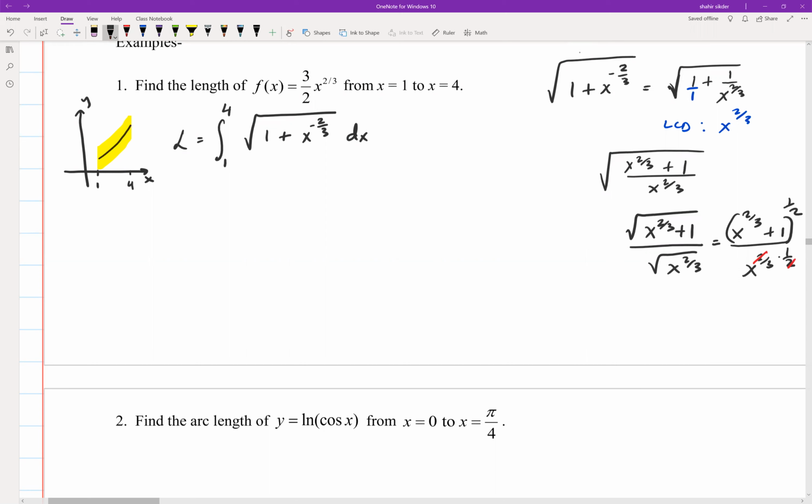So it really narrows it down. The problem really melts down to something like this. We have the arc length integral from 1 through 4 of x to the 2/3 plus 1 raised to the 1/2 all over x to the 1/3 dx.